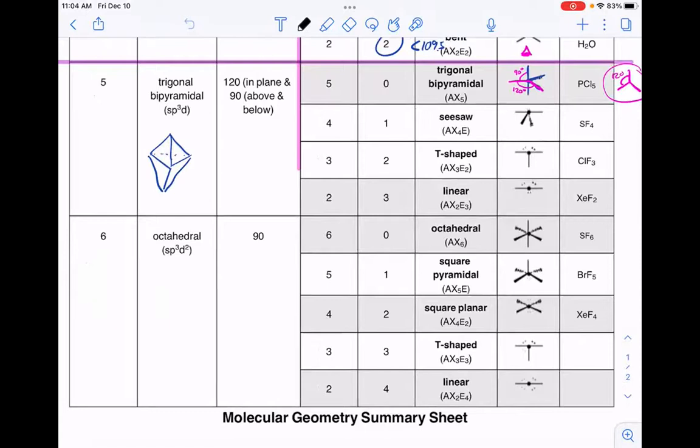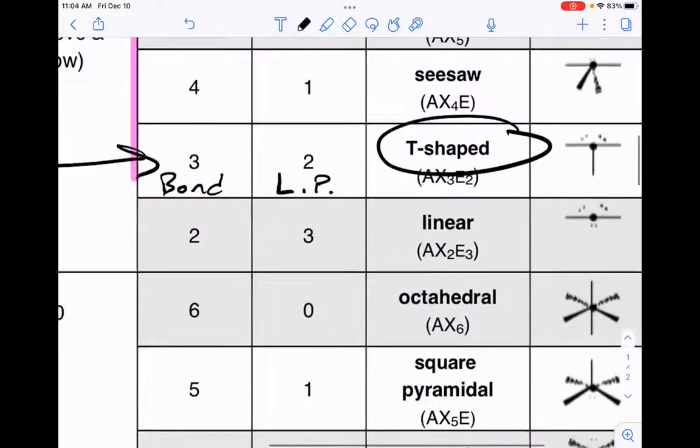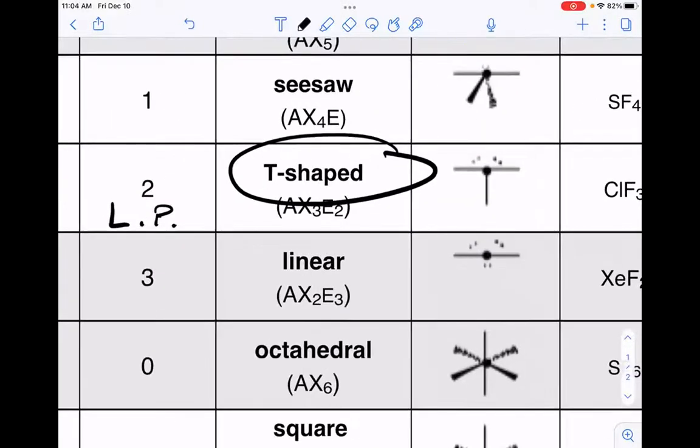All right, and so since we have a combination of 3 and 2, so of the 5, we have 3 bonds and 2 lone pairs, and so the shape is T. It's a T shape. And so in terms of the bond angle for T shape, notice how this right here looks like it's 90 degrees.